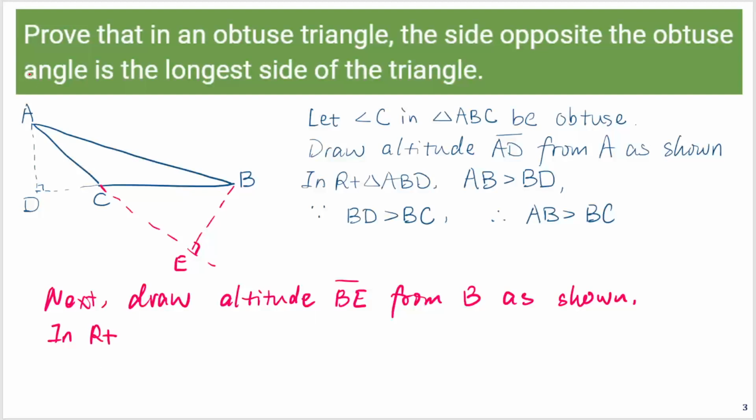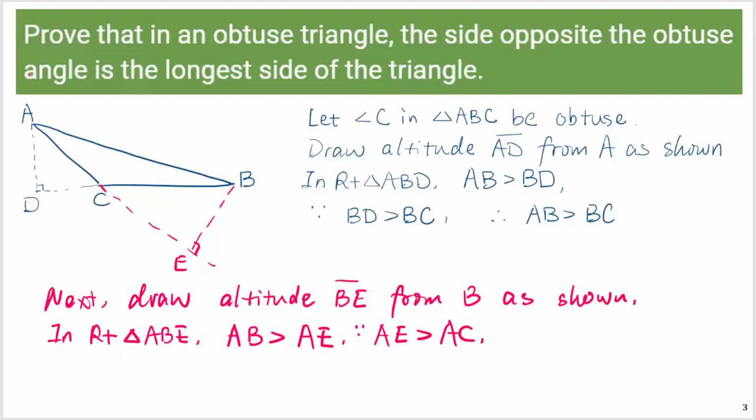In right triangle ABE, AB is the hypotenuse, right? So AB is longer than AE, and we also have AE is longer than AC.